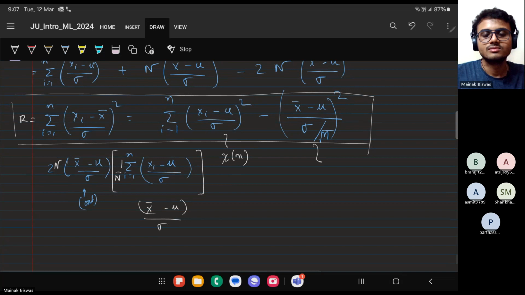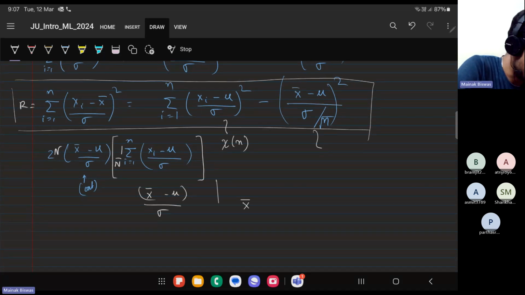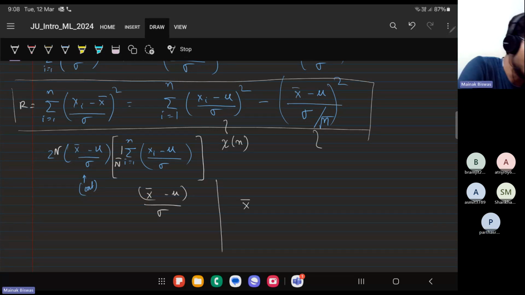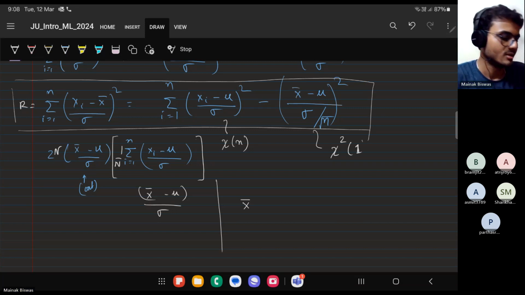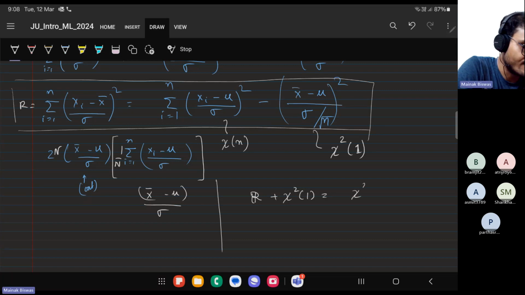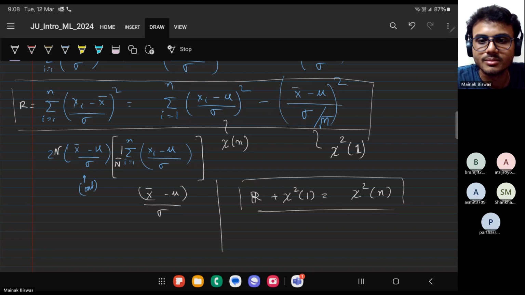If you recall, let me see if you can tell me. It's chi square 1. So r plus chi square 1 is chi square n, is what I'll get. I'll use this later. But tell me, why is it chi square 1?